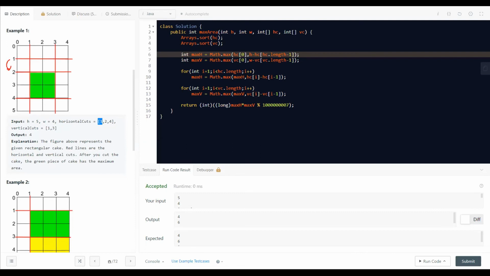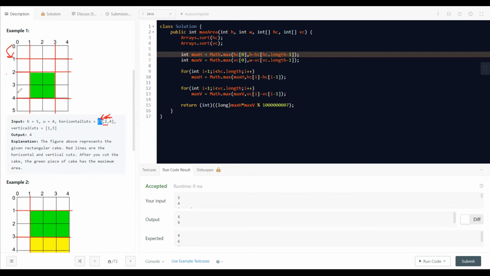We cannot get this distance from our array, because our array index starts from position 1, exactly from 2, and we are finding the distance between these two. Then we are finding the distance between 4 and 2. But we need to check the distance between 0 and the first element. Maybe there lies the max.